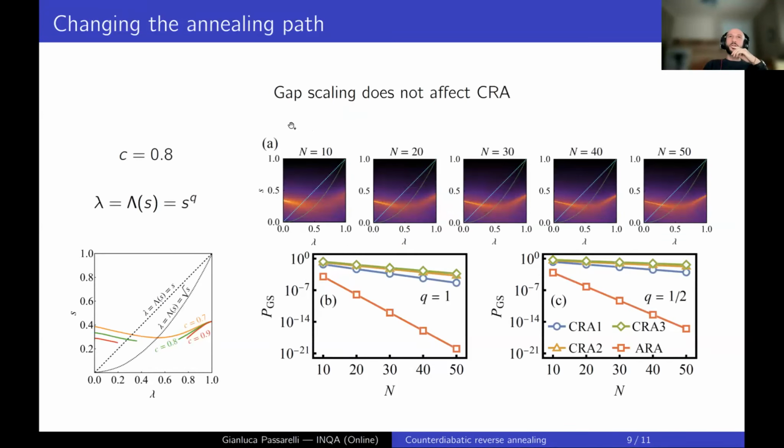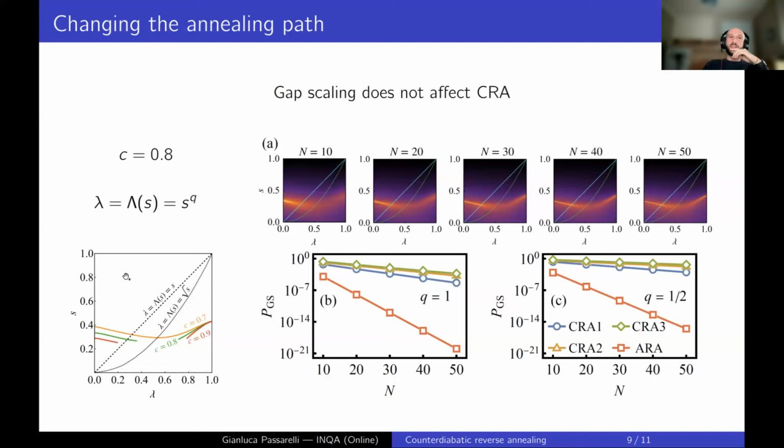But here, to convince you further that the gap scaling does not affect the performance of CRA, that is only determined by how far the state is from the target ferromagnetic solution, let me just focus on the case of C0.8.